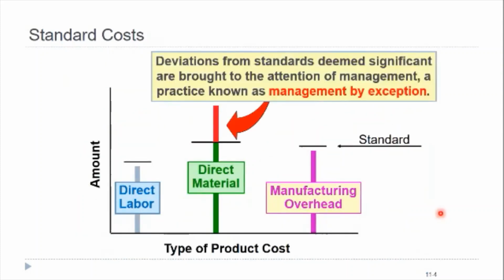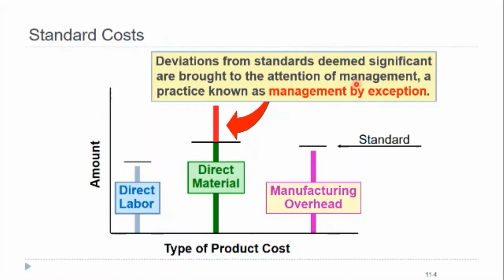I'll look at standard costing. This here should be standard costing. I will change it. You have the amount of the 3 elements of cost here: direct labor, direct material, and manufacturing overhead. And any deviations from these standards that management has set here would be looked into.